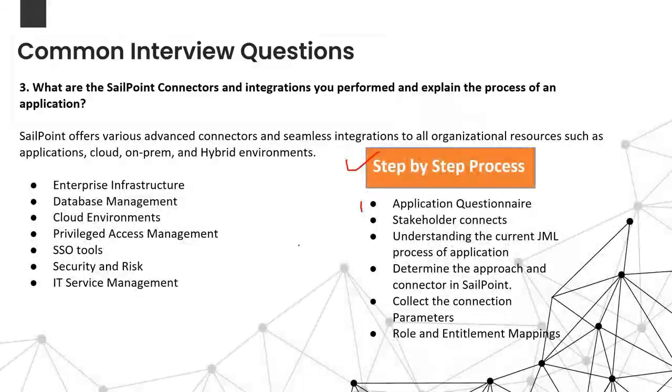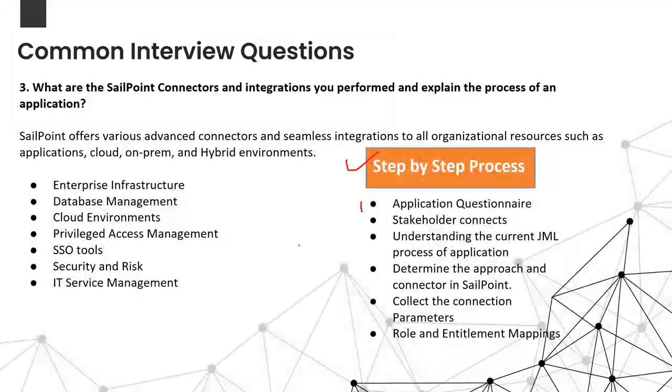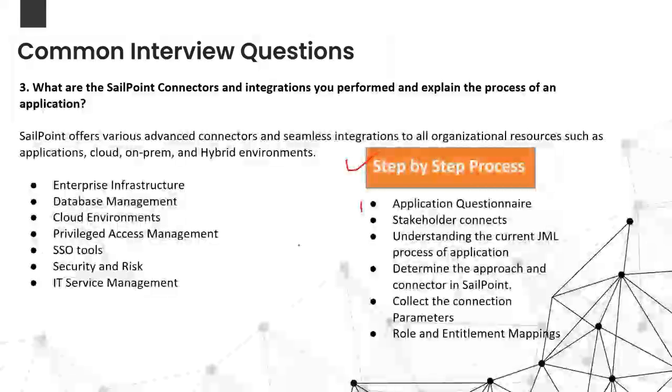How the application's joiner-level process is being handled, how the actual creation of the account is happening currently in the application. Those sorts of discussions you need to have with the application team, guys, that is, with the application stakeholder. There you can capture all the information in the questionnaire.